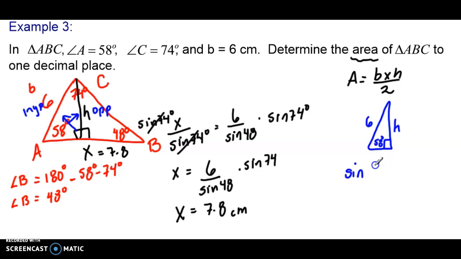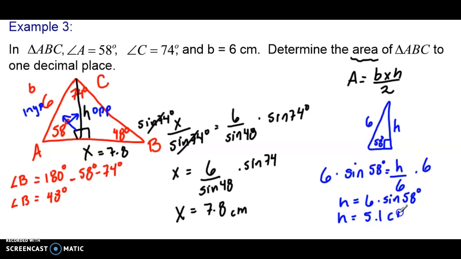The sine of 58 degrees is the opposite side h over the hypotenuse 6. We are going to multiply both sides by 6 because we are looking for h. So h is 6 times the sine of 58 degrees. Again, plugging that into our calculator, we get a value of 5.1 centimeters.